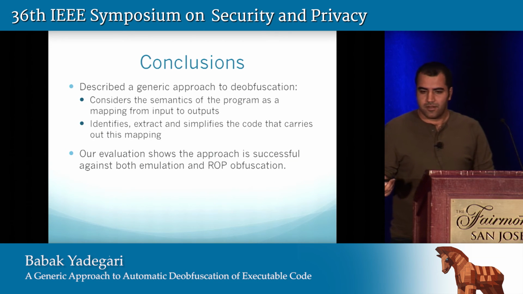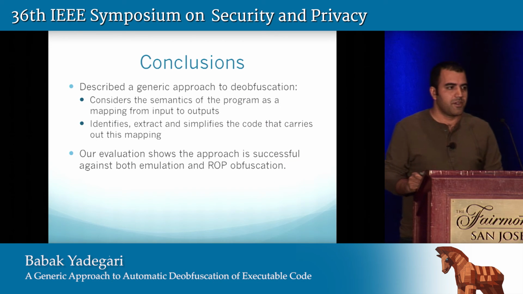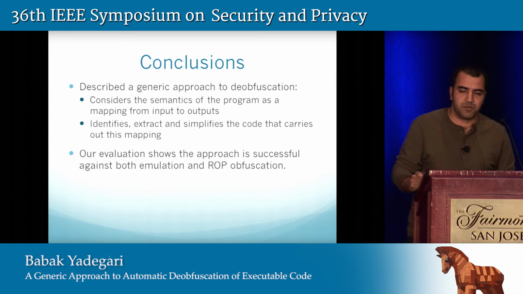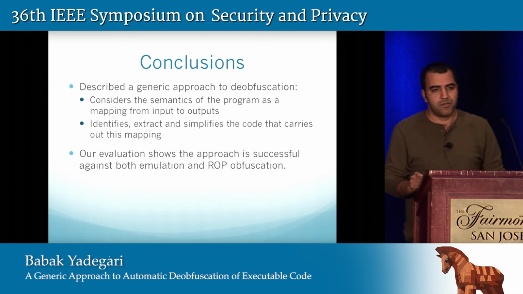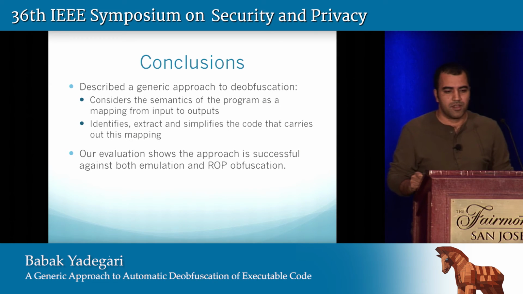So in conclusion, we've described a generic approach to deobfuscation, and as I said, we make no assumptions about the obfuscation being used in the code. We consider programs as a mapping from its input to its output, so that's the only assumption we make about the programs.